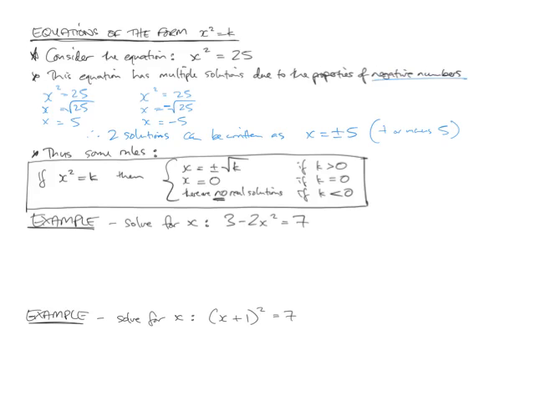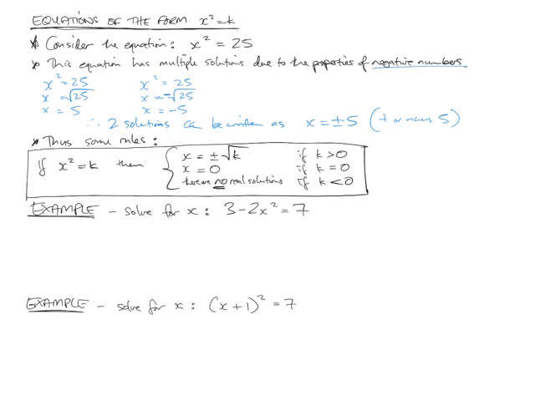So that leaves us some rules that you can apply for these kind of equations. If x squared is equal to a number, k, then x, the solution, is going to be plus or minus the square root of whatever k was. But that's only if k is greater than 0.